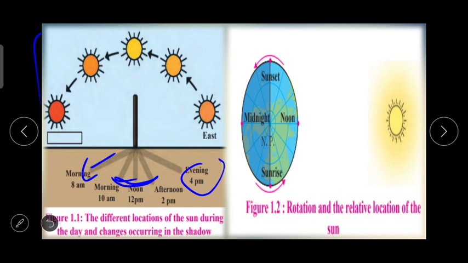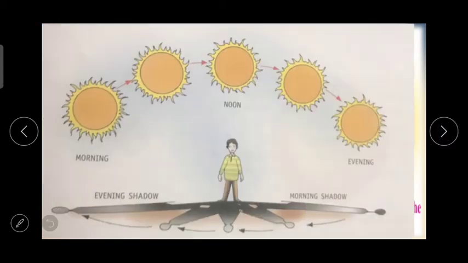We understand that not only are there differences in the length of the shadows, but we also experience that it is cooler in the morning and evening and warmer in the afternoon.